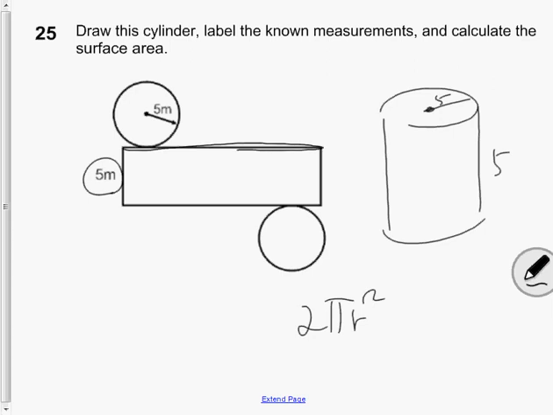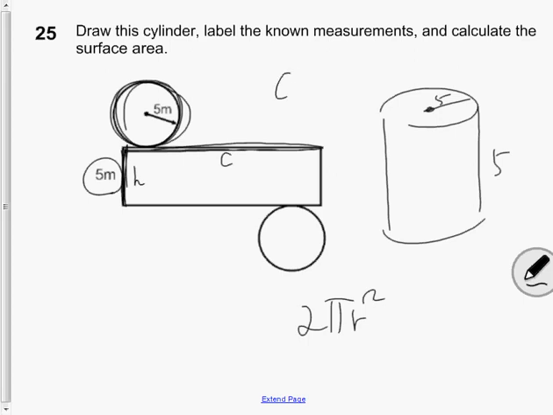And this distance here, which is the length of the rectangle, would be the exact same distance as the distance around the circle if I was to fold that circle back down, which means this length is really the circumference of a circle, and this part of the rectangle is really the height of the circle.